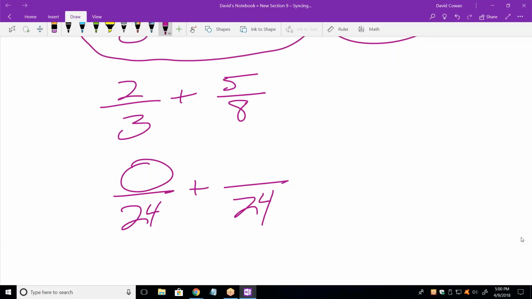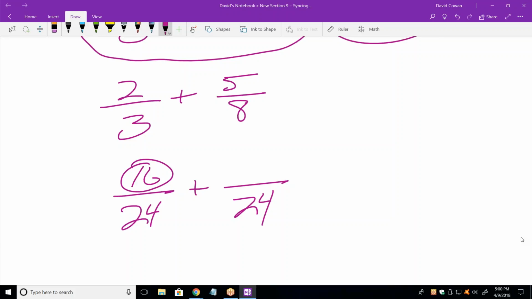Remember, you divide 3 into 24, take your answer, multiply it by 2. Multiply it by 2? What? 3 goes into 24 8 times. Oh, so 8 times 2 is 16.